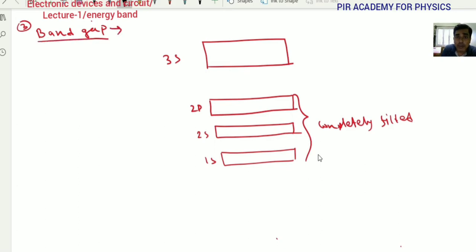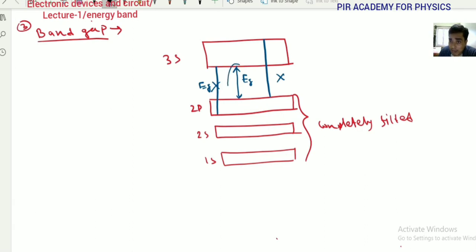For the sodium atom, what is the band gap? You have to understand. All of you know that this is a band gap. This is a band gap. This is not a band gap. This is not a band gap. And here, this is not a band gap. Okay, this is a band gap.